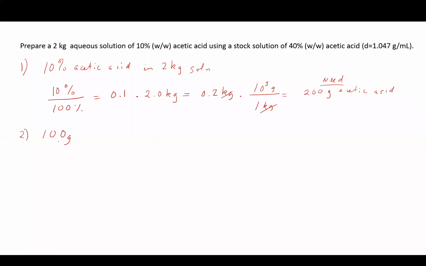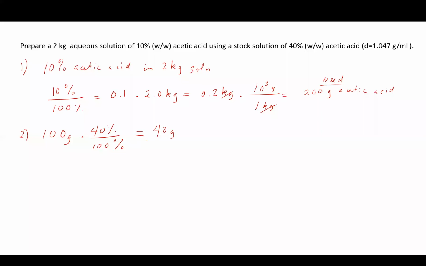For 100 grams of solution, we use the similar thing that we have above. We take our 40% divided by 100%, so times 0.4, and we get 40 grams of acetic acid in 100 grams of the 40% solution.